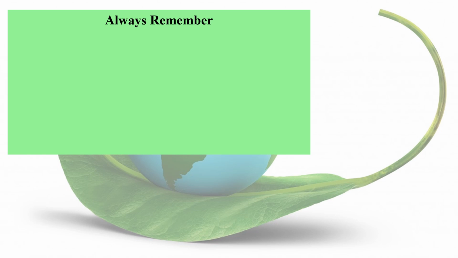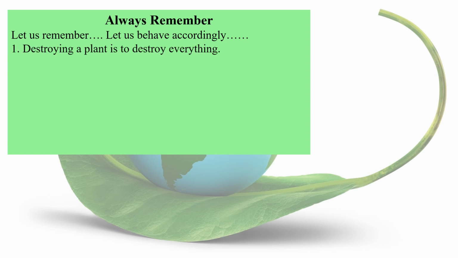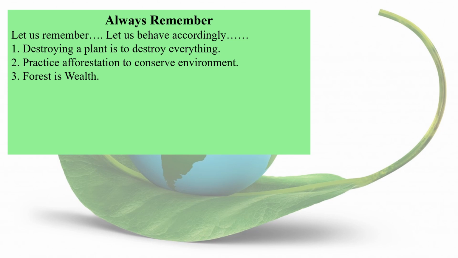So from the entire lesson that we studied, what are we going to remember? So we are going to remember that destroying a plant is to destroy everything. Practice afforestation to conserve environment means you need to plant more and more trees to conserve the environment. Forest is wealth. हमेशा याद रखेंगे, फॉरेस्ट के अंदर बहुत सारी बायोडाइवर्सिटीज होती है, like animals and plants.